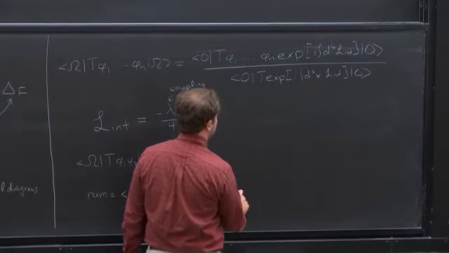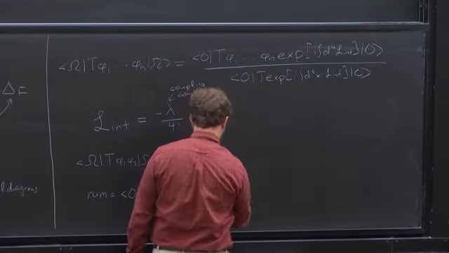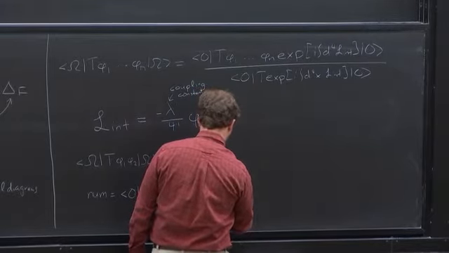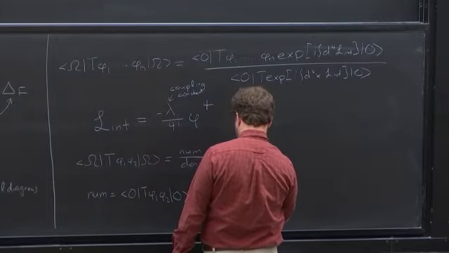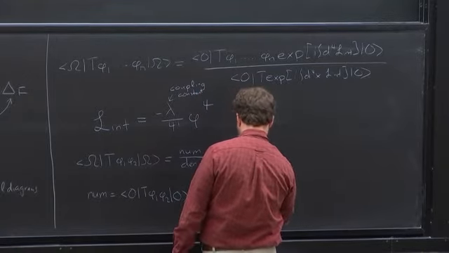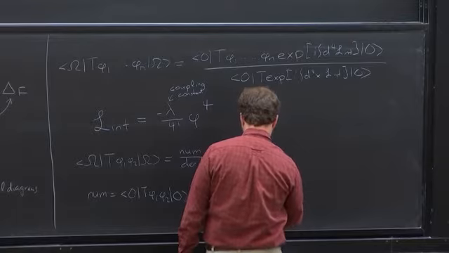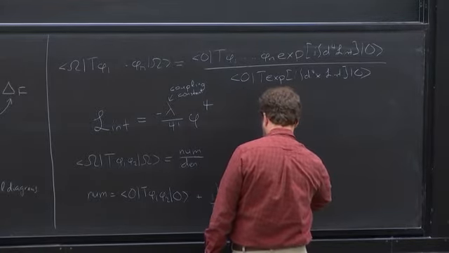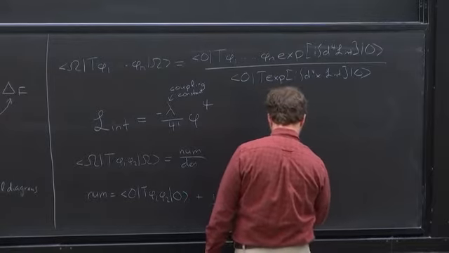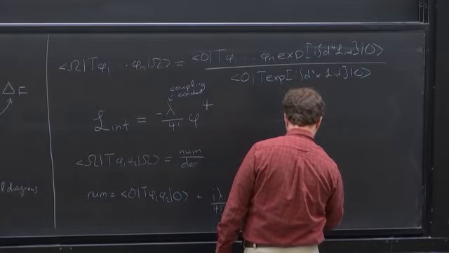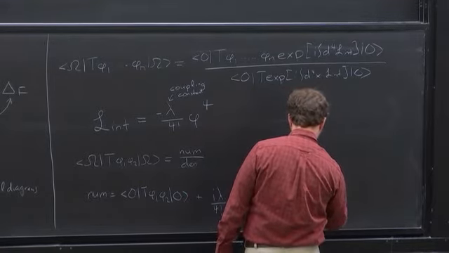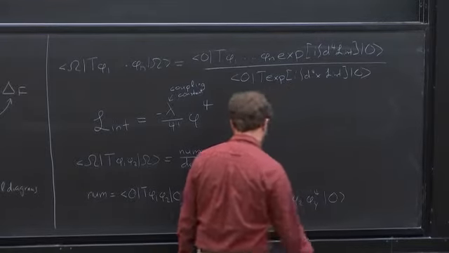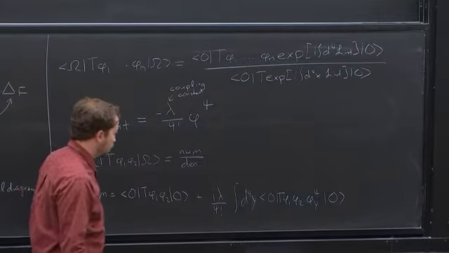Then for our next term, we need to expand the exponential, and we get i lambda over 4 factorial, integral d^4 y, of phi(x1) phi(x2) phi(y) to the fourth. We can go to higher order.